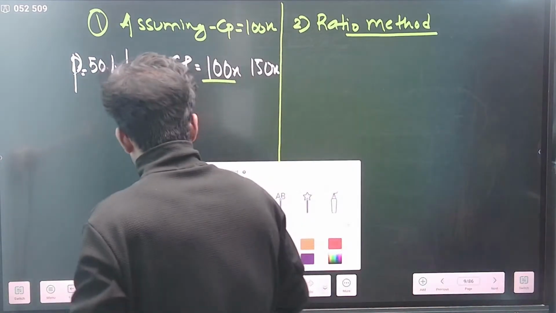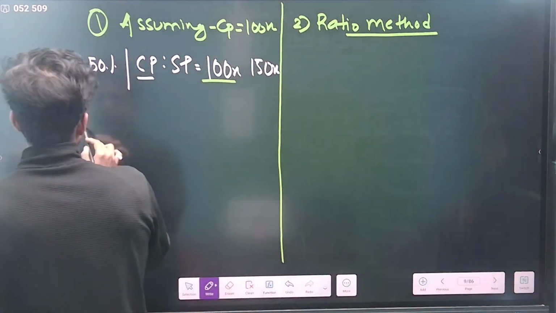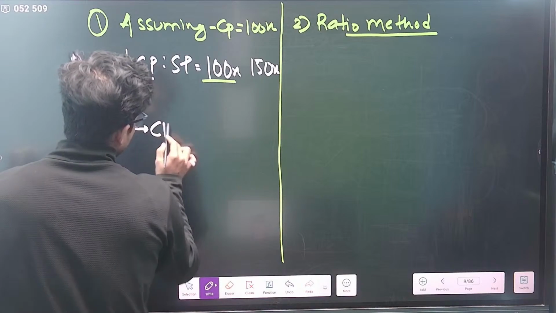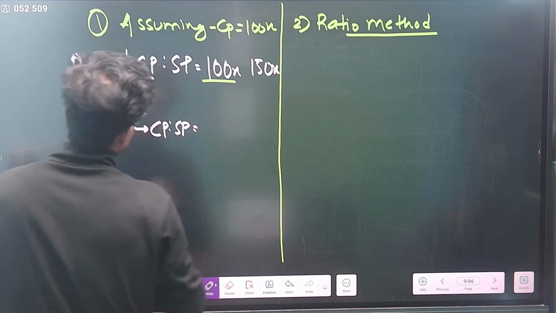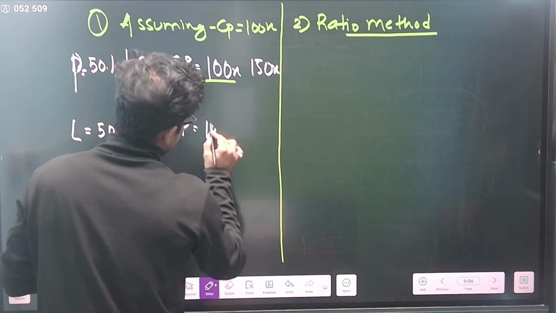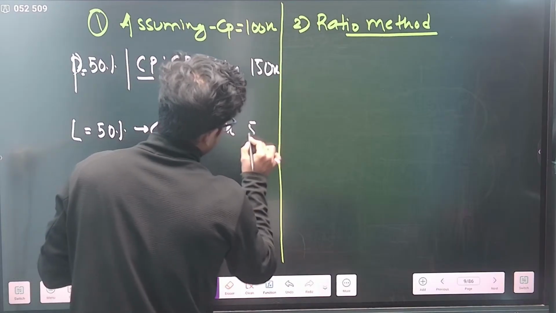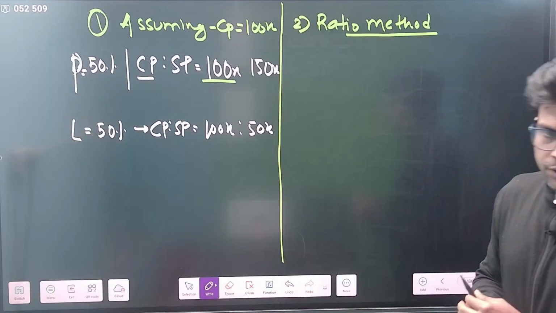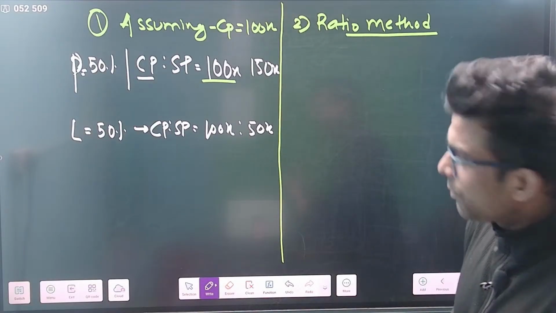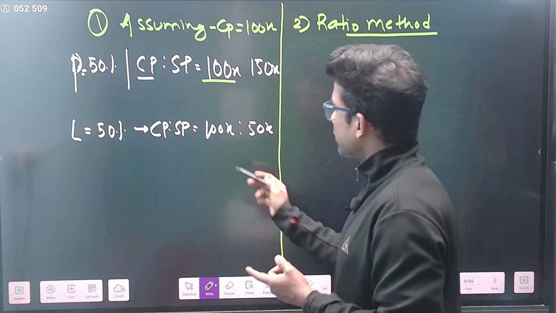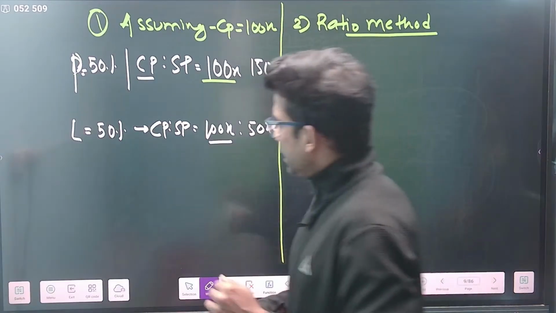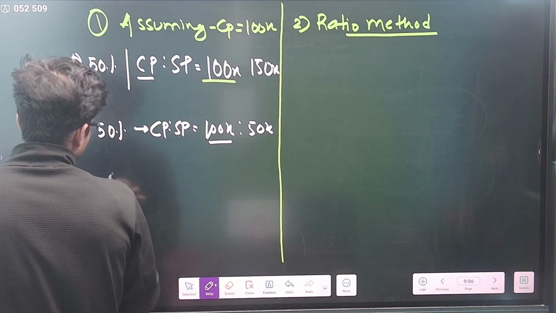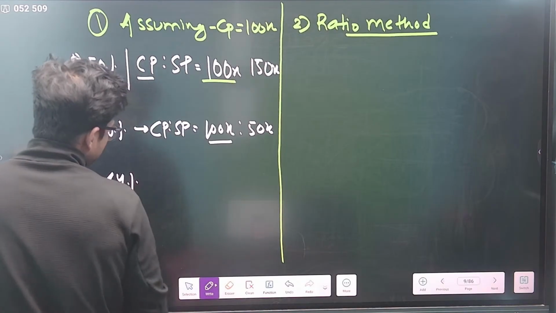Now for the second, let's say a loss of 50%. If I assume that the cost price is 100x, my selling price would be 50x. Now let's take another example, a profit of 64%.